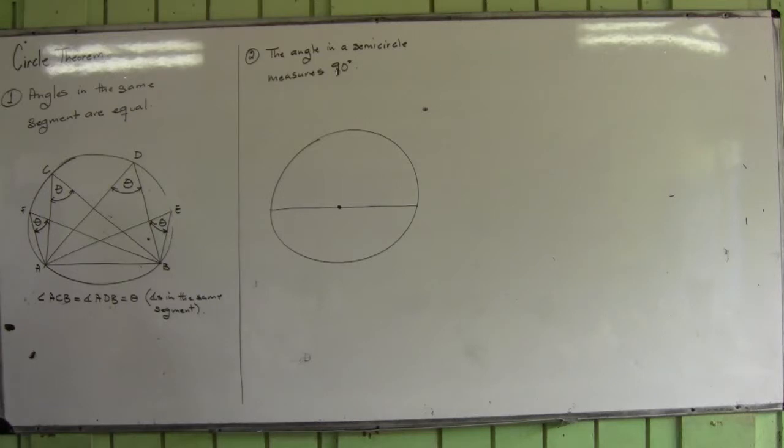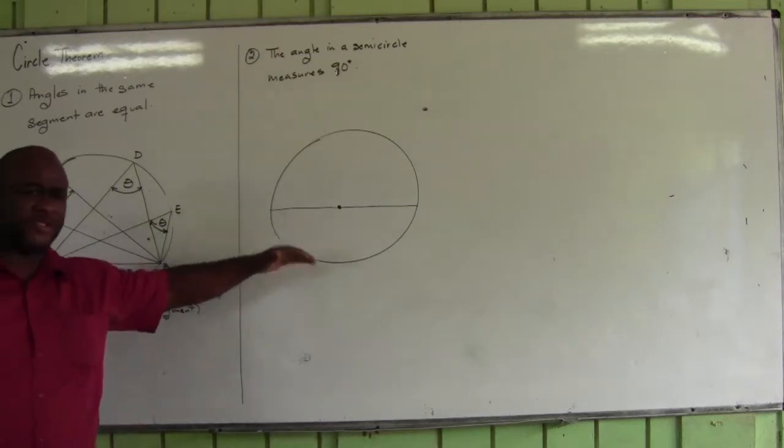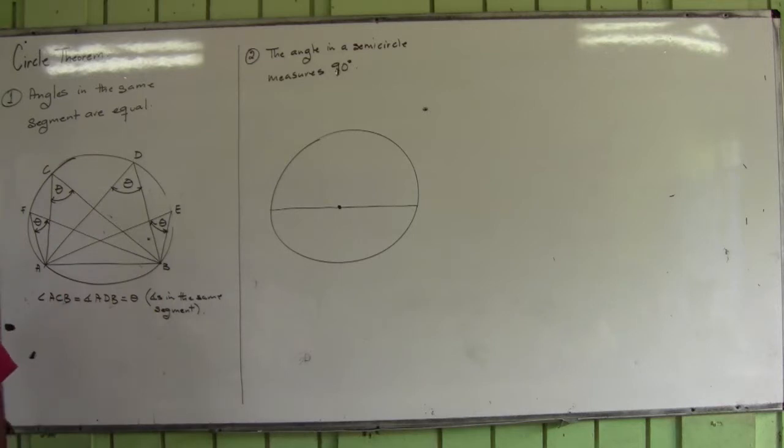It's called the diameter. The diameter divides the circle into two equal halves. A half of a circle is called a semicircle. Ladies and gentlemen, the angle in a semicircle is equal to 90 degrees.